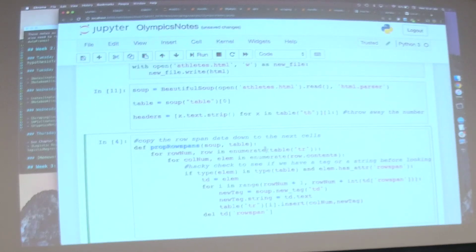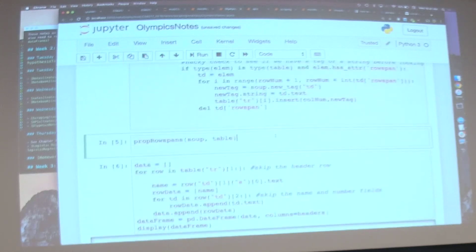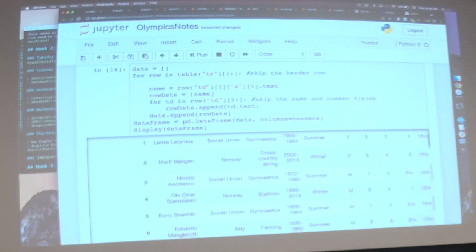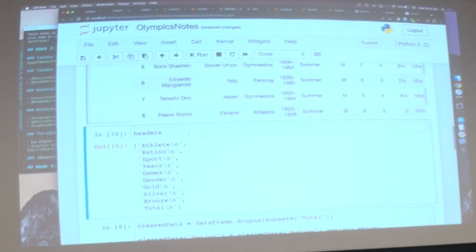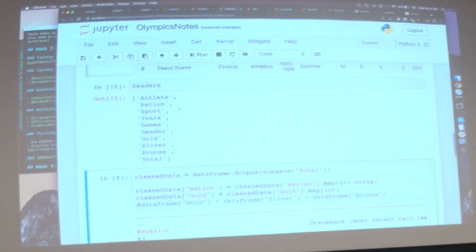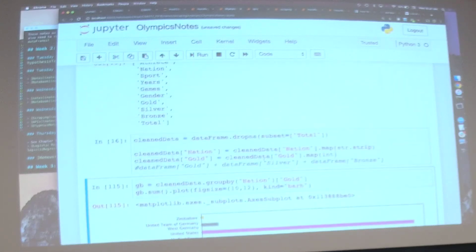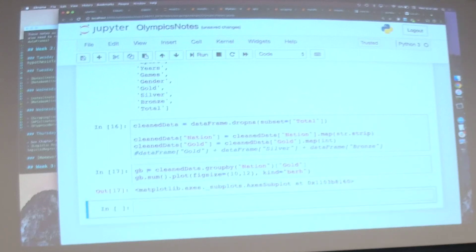That should be good. And now I will redo all this stuff. That looks a little bit better. That looks a little bit better. That looks a little bit better.